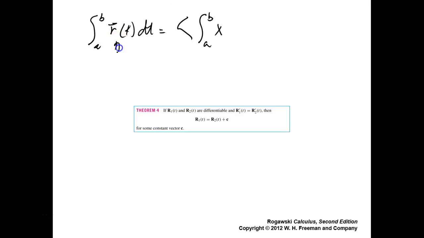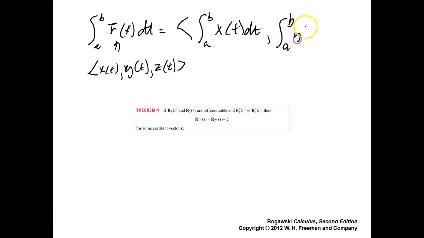If r of t is x of t, y of t, and z of t, I'm doing three-dimensional. So it will be the three-component vector of the integrals of the components: the integral from a to b of x of t dt, comma, the integral from a to b of y of t dt, comma, the integral from a to b of z of t dt.